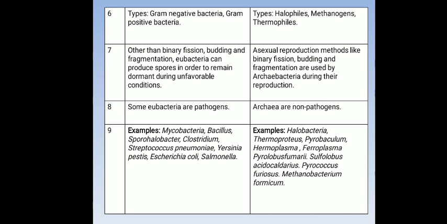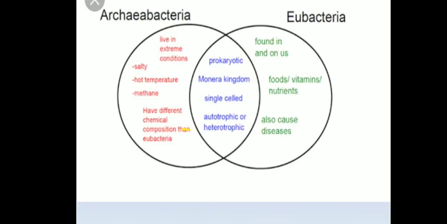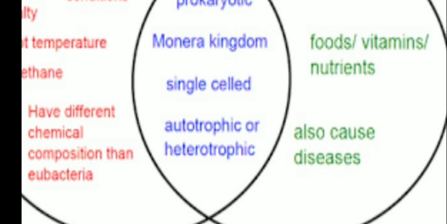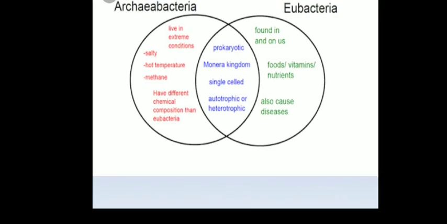A few examples of eubacteria are mycobacteria, bacillus, Escherichia coli, etc. And examples of archaebacteria are halobacter, thermoproteus, pyrobaculum, etc. Now, this diagram gives us a simple idea of the similarities and differences between archaebacteria and eubacteria.